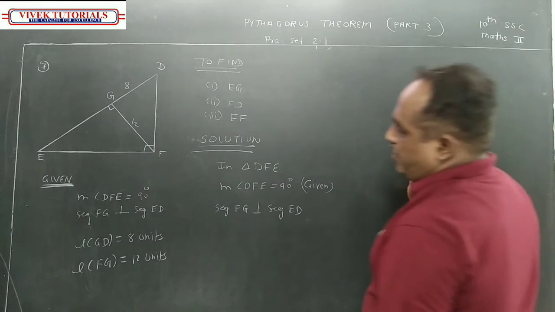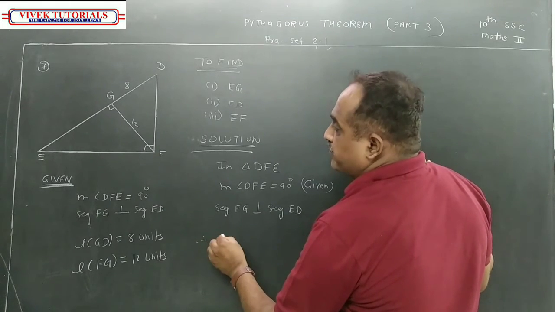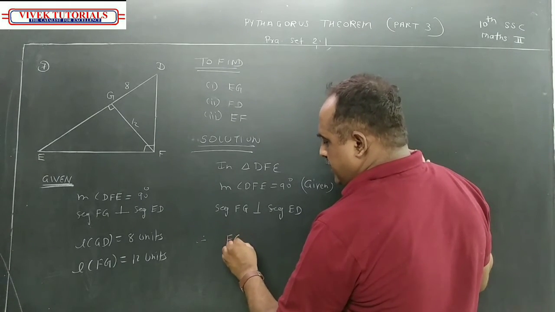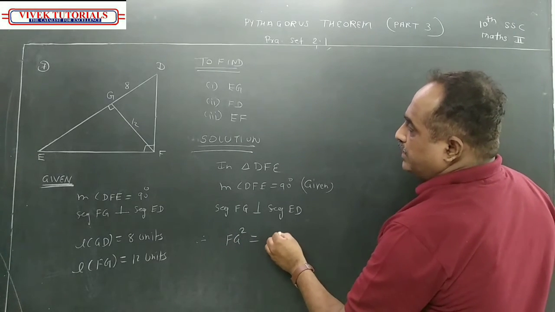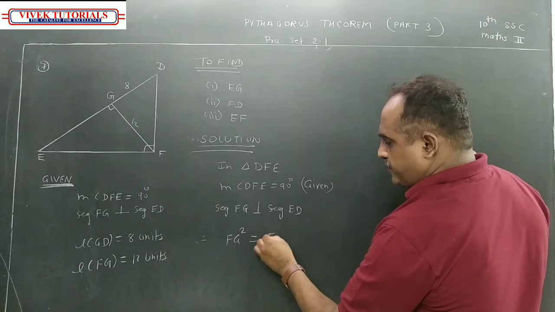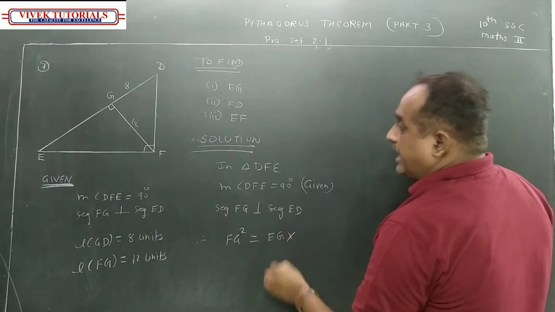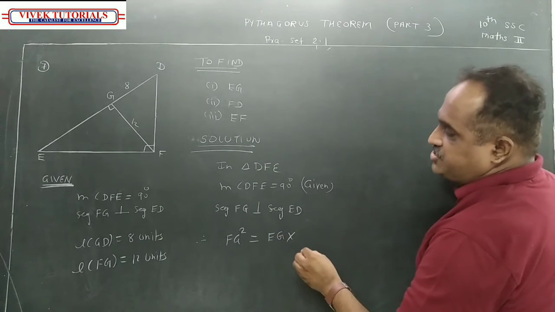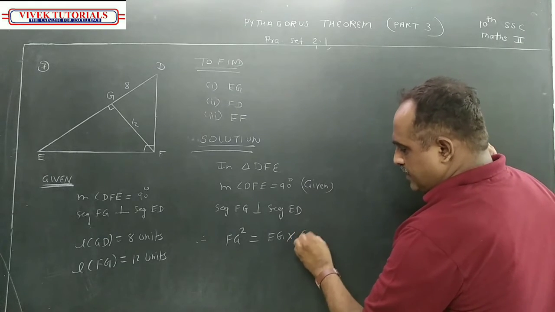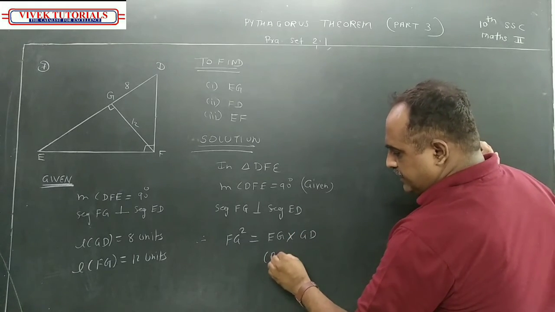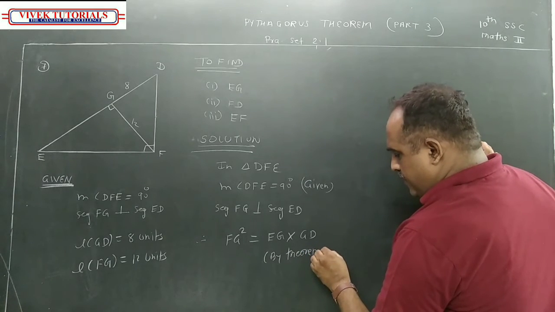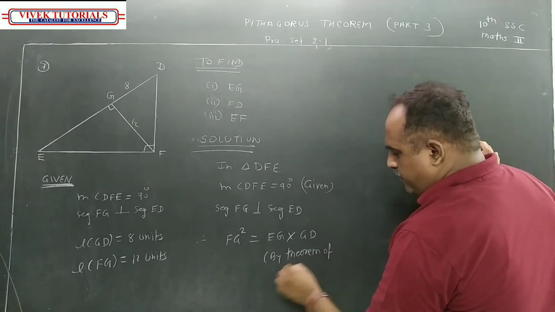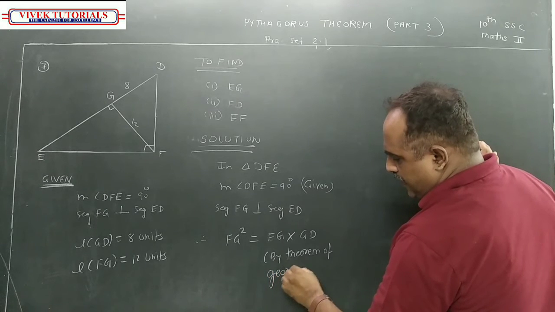Okay, now therefore FG square is equal to EG into GD by theorem of geometric mean.